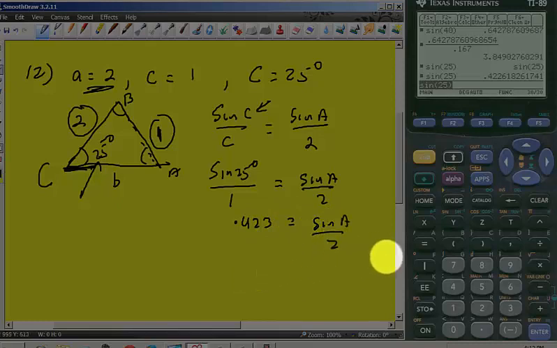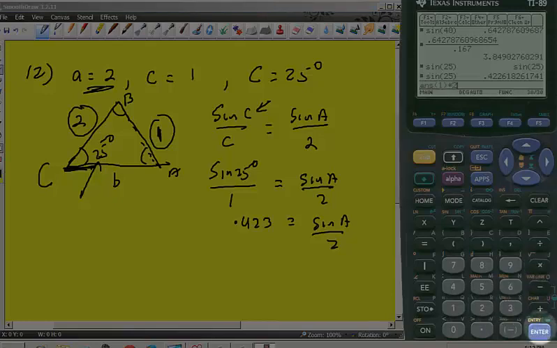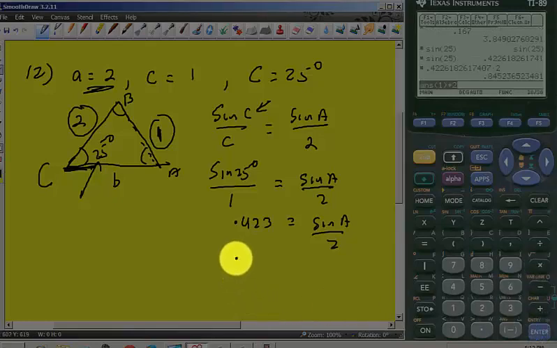We're going to cross multiply, so I'm going to multiply that by 2, and that gives me 0.845, which is equal to sine of angle A, and of course we're going to take sine inverse. So to find A, we take sine inverse of 0.845.